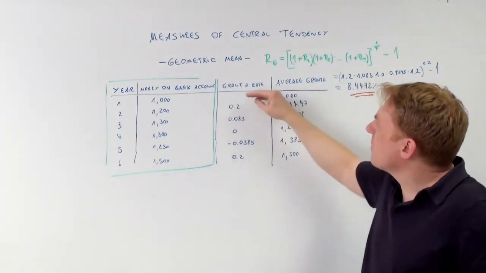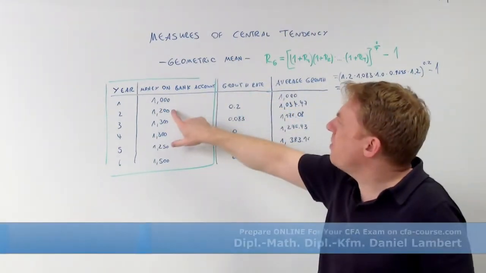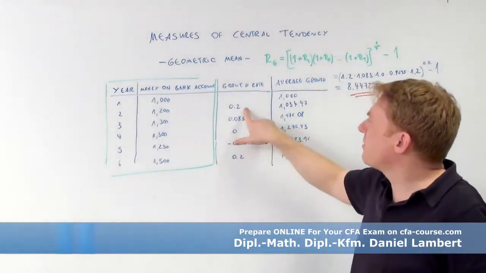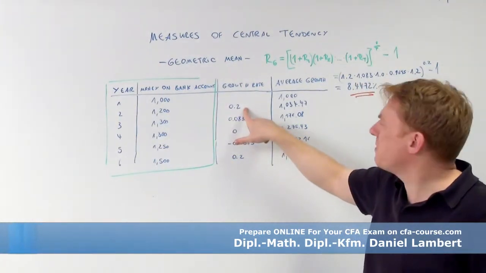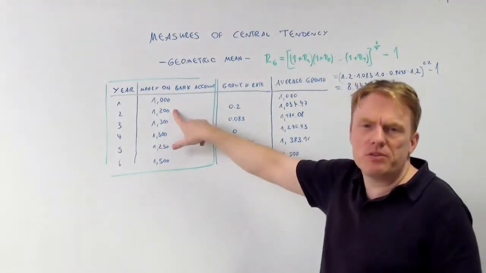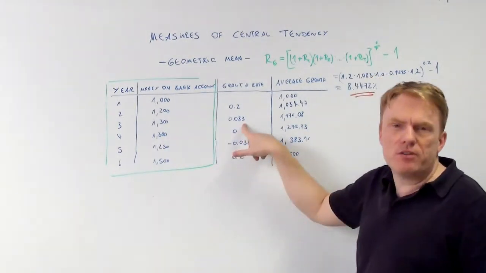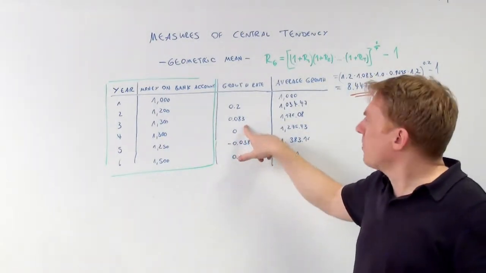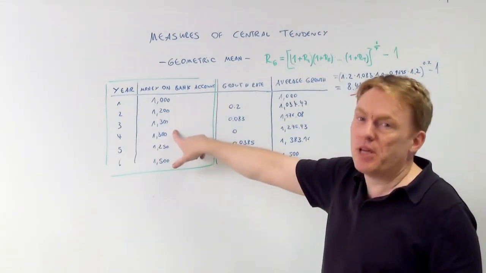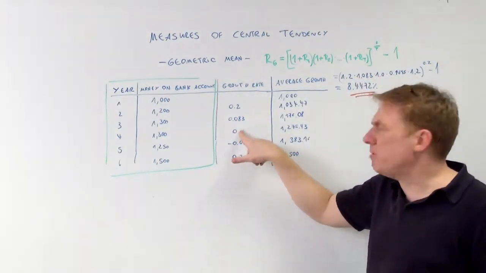For example, the growth rate from year 1 to year 2 is this. From $1,000 to $1,200, it's 20%, 0.2, 20% upwards. Then from $1,200 to $1,300, it's 8.3%. Then next year, from 1,300 to 1,300, it's nothing. So it's a growth rate of 0.